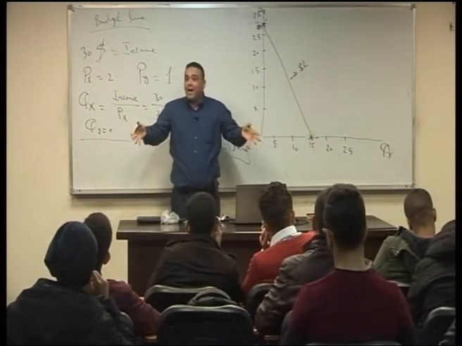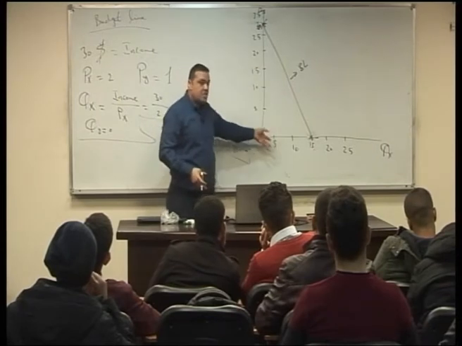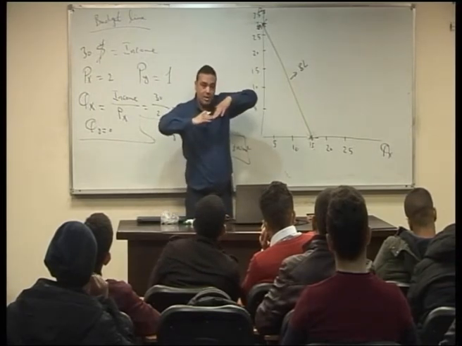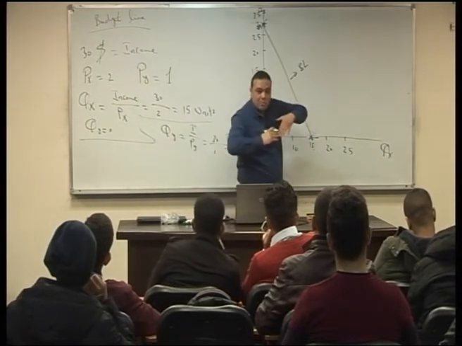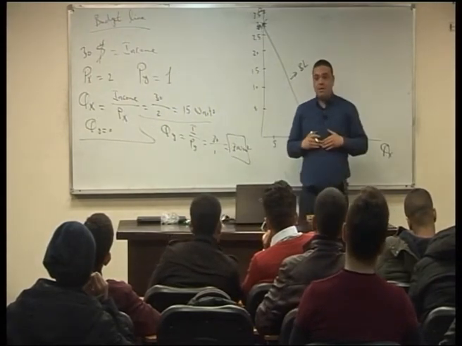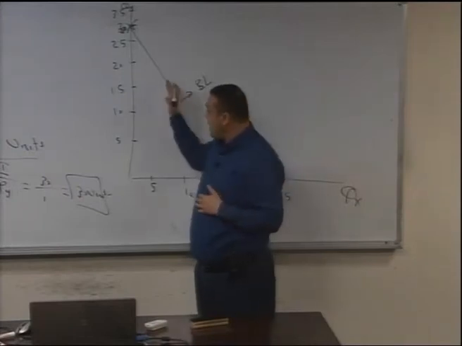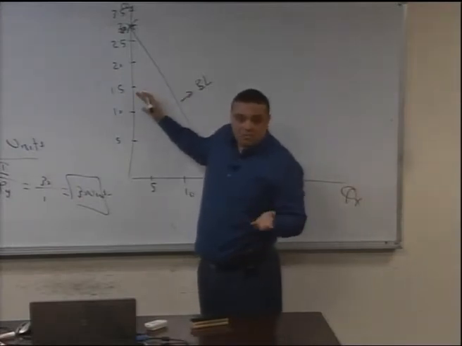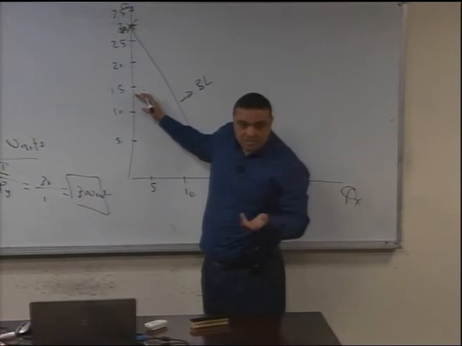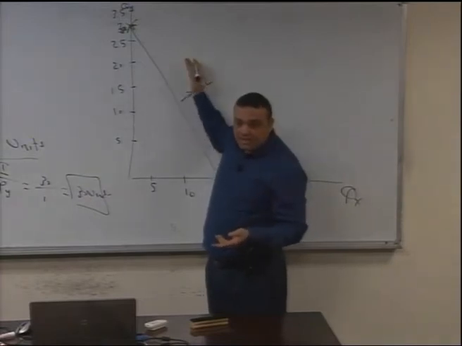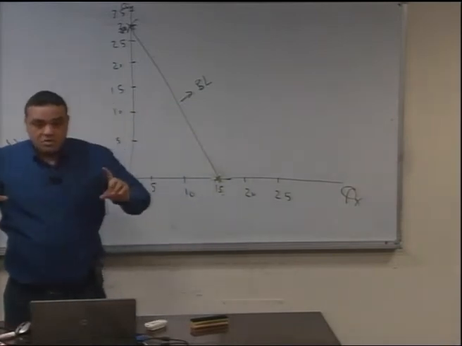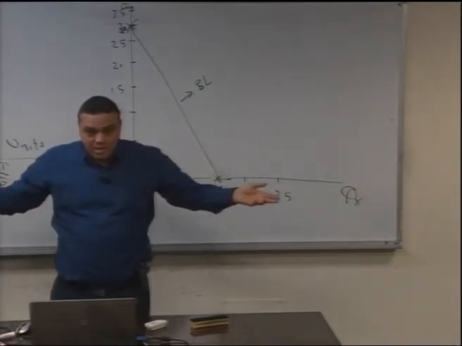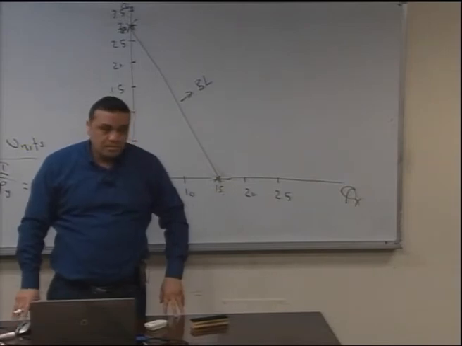The consumer can buy different combinations along the line, and he will be unable to buy outside the line. Inside, it's easy to buy different bundles of goods. Outside, it's an unattainable point because of the limited income and the available prices.